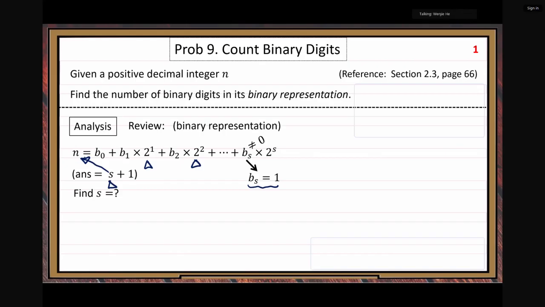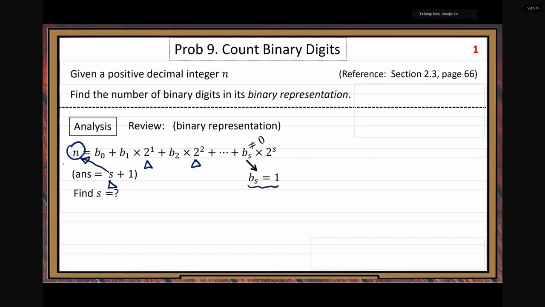When you do this operation, you want to reduce the problem size, where n is the problem size.